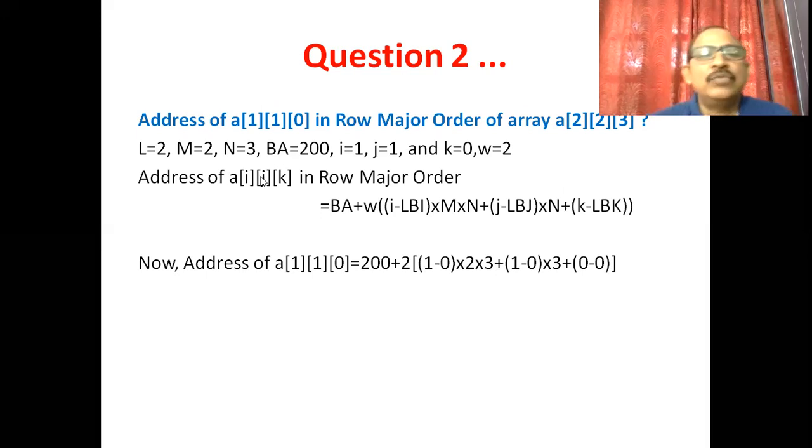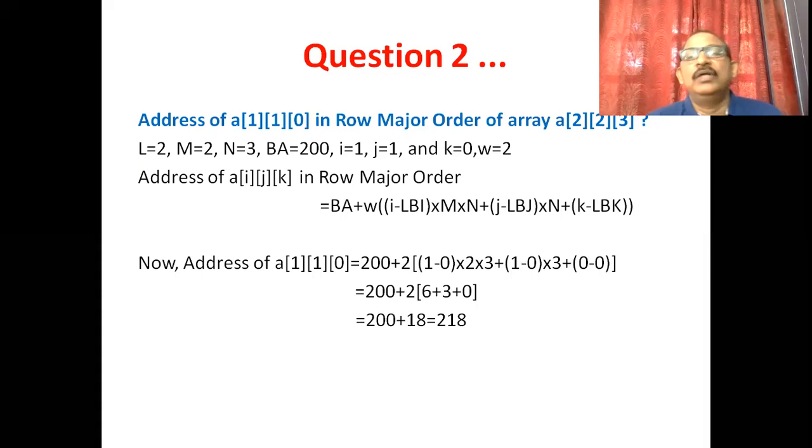What is the I? I is 1, J is 1 and K is 0. Here we put the simple values: 1 minus 0, M is 2, N is 3, plus J is 1 minus 0 into N is 3, plus 0 minus 0. And it gives the value 200 plus 2 into 3 plus 0, 208. We have already seen it.